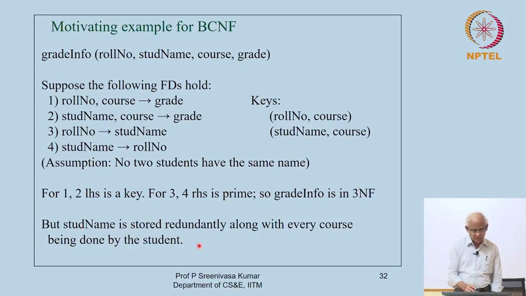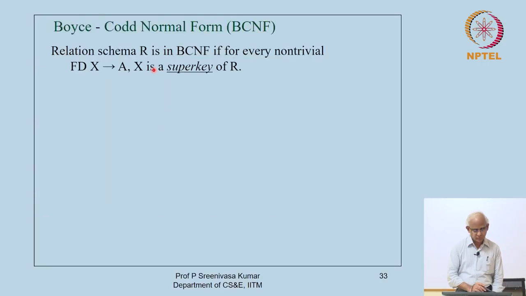For these kinds of examples, where there are attributes of this kind, we have a new normal form called the Boyce-Codd normal form.